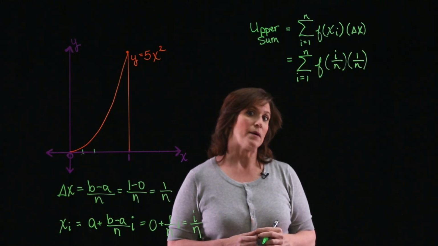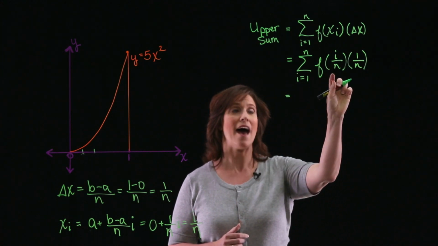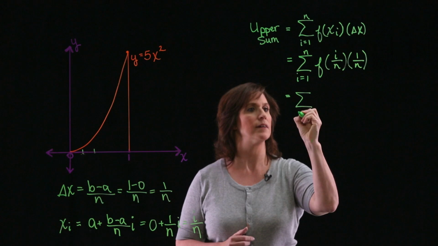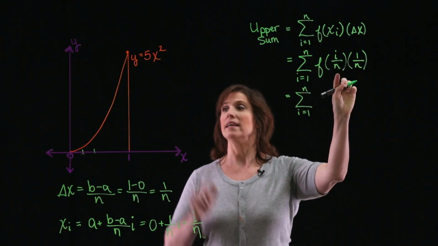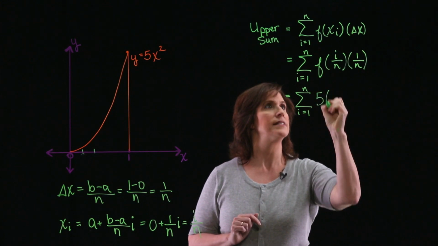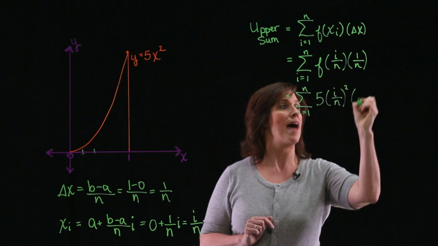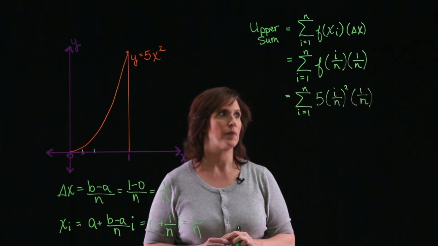The next step is going to be to do some function evaluation. I want to calculate what f of i over n is. So I'm going to leave the summation alone. I'll worry about that later. f of i over n is going to be 5 times i over n squared. And then I'm still multiplying by 1 over n.